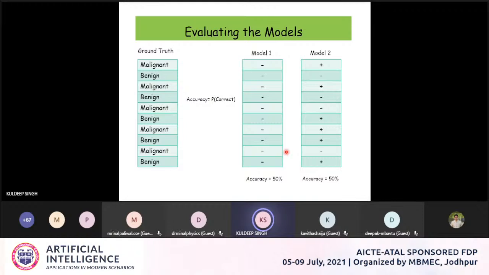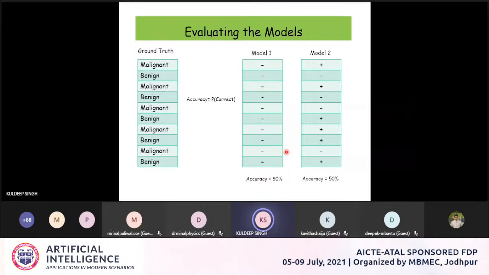And finally, once we have trained the models, we have to evaluate their performance. How accurately these models are performing on unseen data, the test set. So let's take an example.